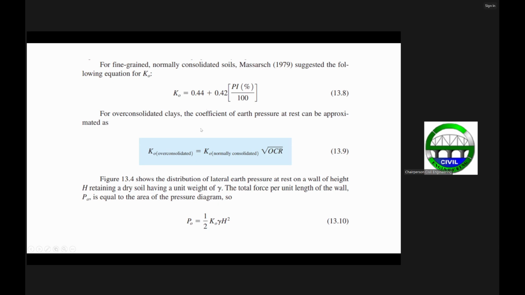And then for over consolidated clays, the at-rest earth pressure coefficient can be estimated by using this formula: the at-rest earth pressure coefficient at normally consolidated condition, multiplied by the square root of the over consolidation ratio.